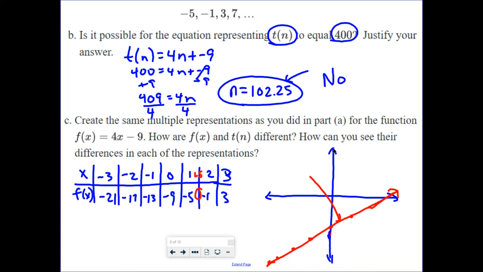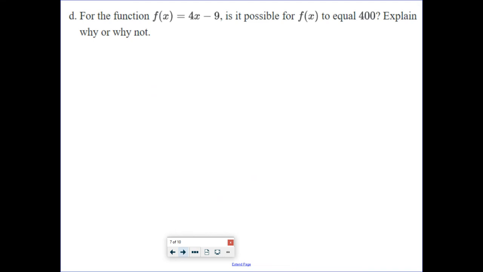I could do that, which would be -3, right? I could figure that out right there. So it should be continuous versus discrete. The other big thing, though, is that for f of x, x can be negative, whereas on T of n, we cannot have negative values. We just can't have negative terms, okay? So those are the 2 biggest differences that I need you to keep in mind.